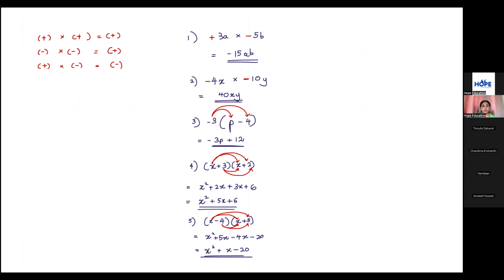This is just a revision of what we have done in grade 9, right? In grade 10, we are going to be learning it a little bit more advanced way. Once you're done writing this, we will learn about that as well.